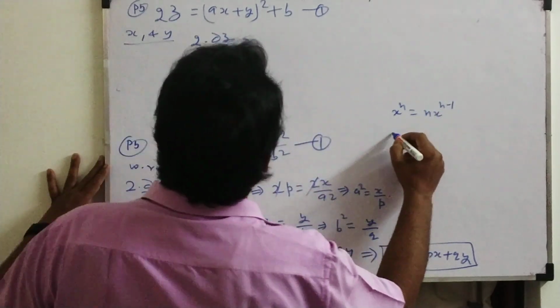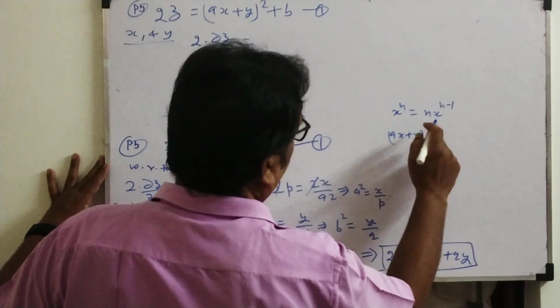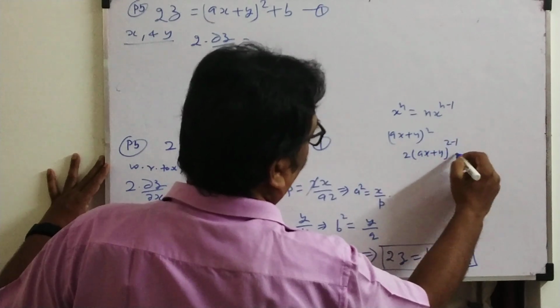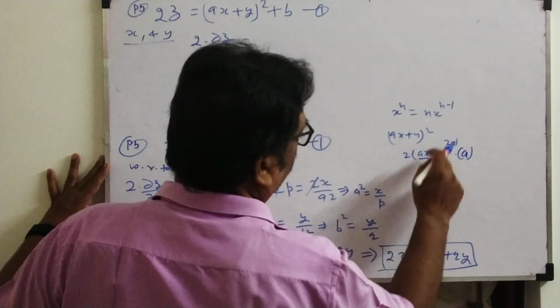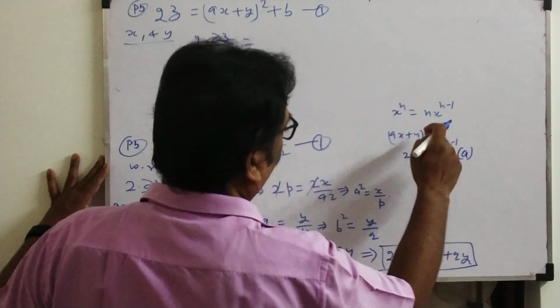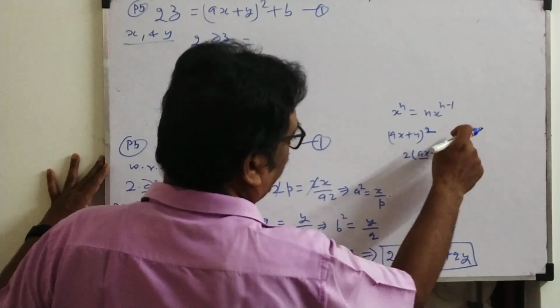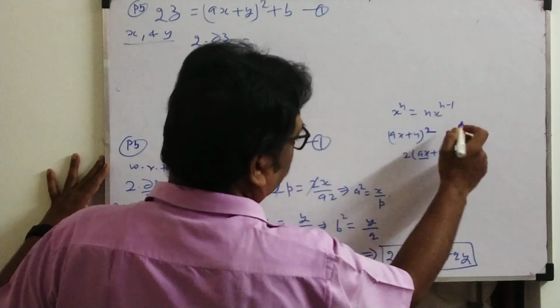Here (ax plus y) square is there, so n is 2. 2 times (ax plus y) power 2 minus 1 into differentiation of ax, that is a.